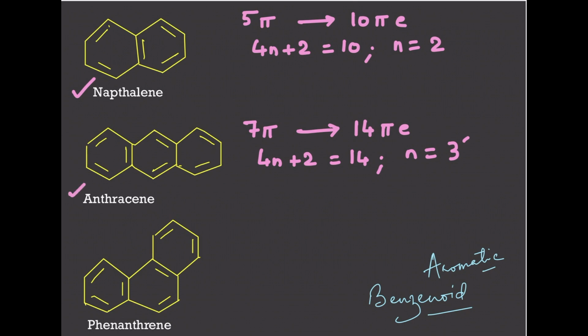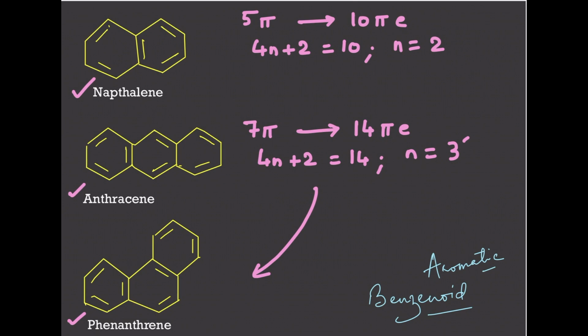Coming to phenanthrene, it is similar to anthracene. It's an isomer of anthracene, so it has the same calculation as in the case of anthracene: 7 pi bonds, 14 pi electrons, 4n plus 2 equating to 14. So the value of n comes out to be a whole number, that's 3. Hence phenanthrene can also be regarded as an aromatic compound.